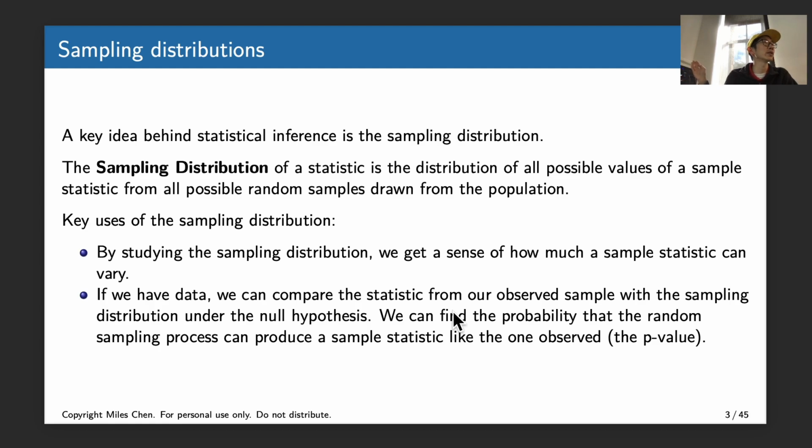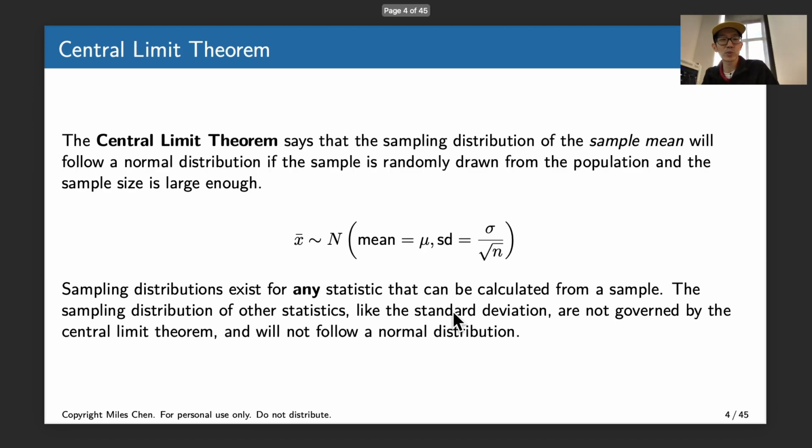It's not that weird of a thing. Or maybe my value is really extreme. If this is the sampling distribution we're supposed to get under the null hypothesis, and my value is way out here, that indicates to me my sample isn't coming from this null distribution. It's coming from something else, okay? Or that null hypothesis is wrong.